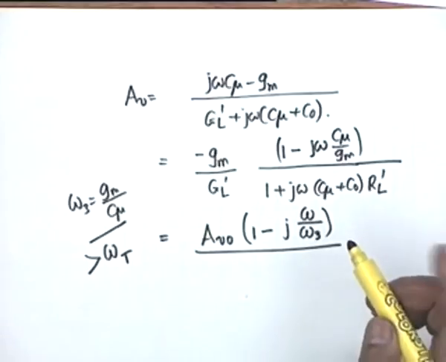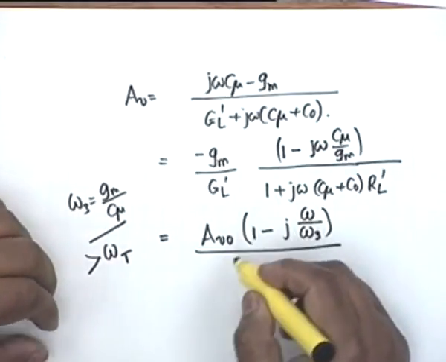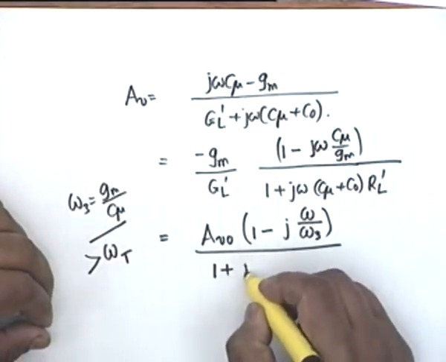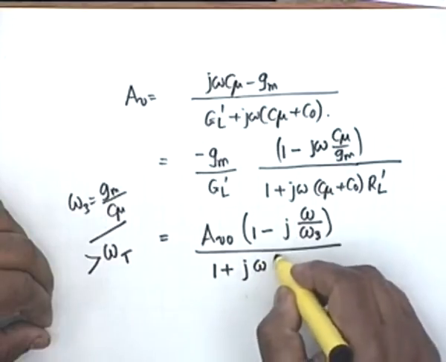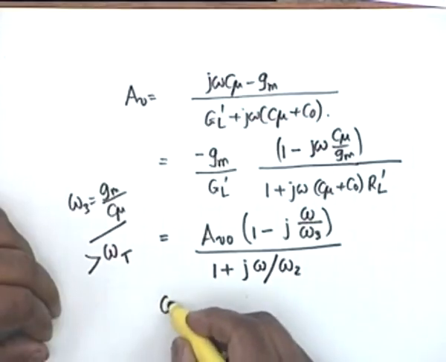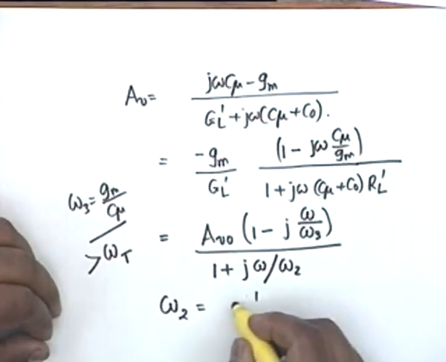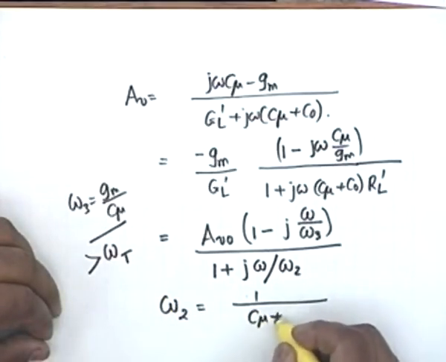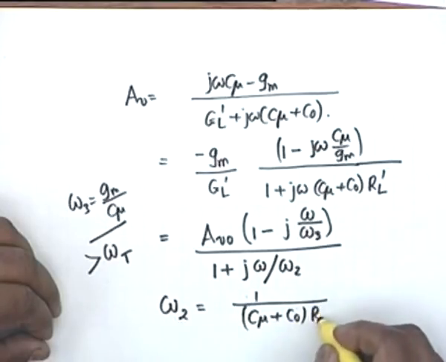There is a further justification which I shall show you. In the denominator I can write this as 1 plus j omega divided by omega 2, where omega 2 is equal to 1 by (C mu plus C0) multiplied by RL prime.